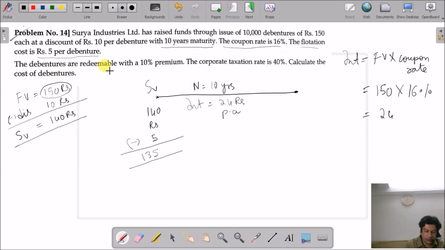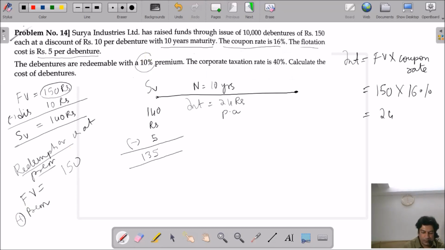Then the debentures are redeemable at 10% premium. So the redemption is at premium. What you have to do is get the face value, which is 150. On that 150 of face value you have to add the premium, which is 10%.